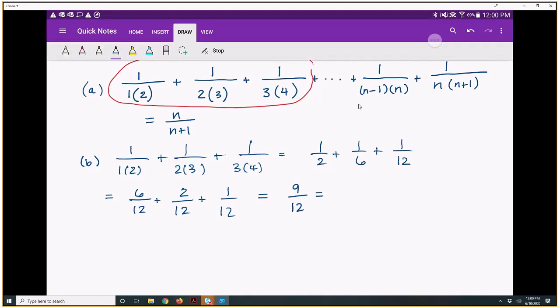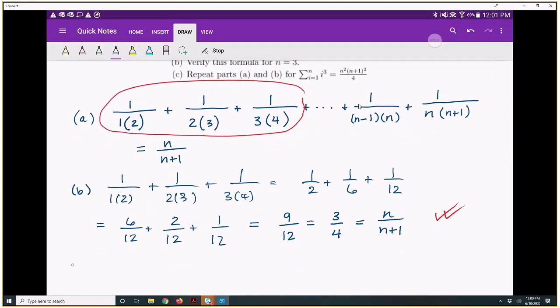And that's, if I divide by 3 on top and bottom, 3/4. And since my n was 3, that's exactly n over n plus 1, just like the formula said it would be. So this is the verification that this is true when n equals 3.